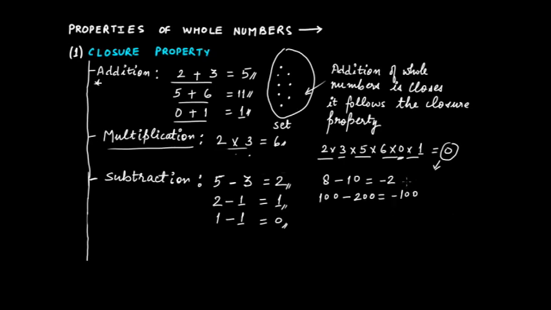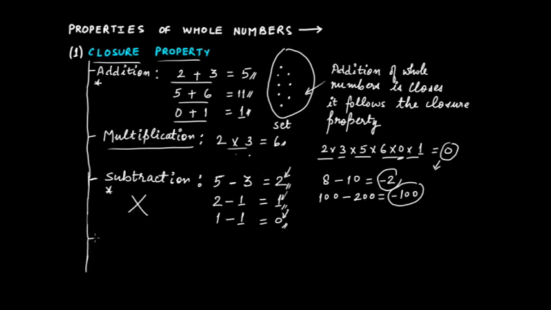So if you apply subtraction, not every time would you get a whole number. In some cases you got whole numbers, but in these examples you got negative numbers, and a negative number cannot be a whole number. Therefore it's very clear that subtraction does not follow the closure property. The subtraction of whole numbers is not closed.